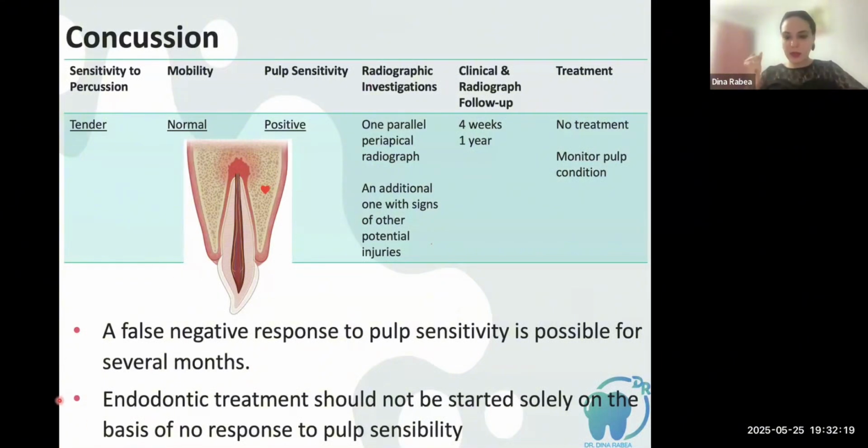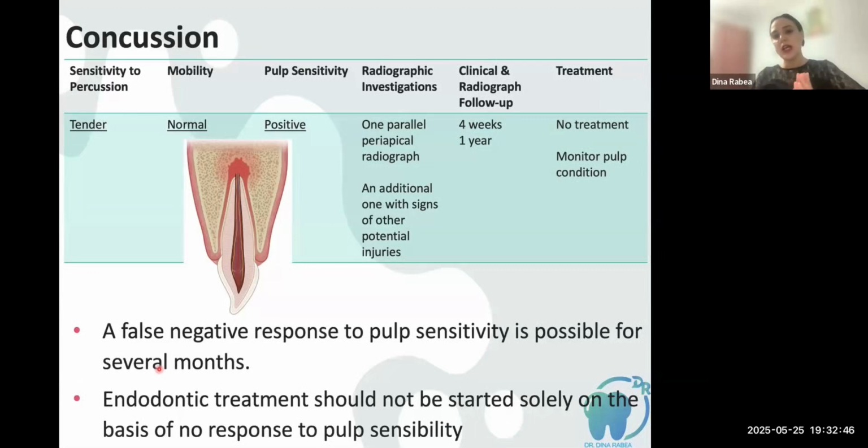Again, it can be caused by biting on a hard object or biting on some hard foods. It usually does not cause any mobility or pulp sensitivity. It does not cause a lot of tenderness to percussion, but since the periodontal ligament is affected by this mildly, you might feel some tenderness as a patient in this case.